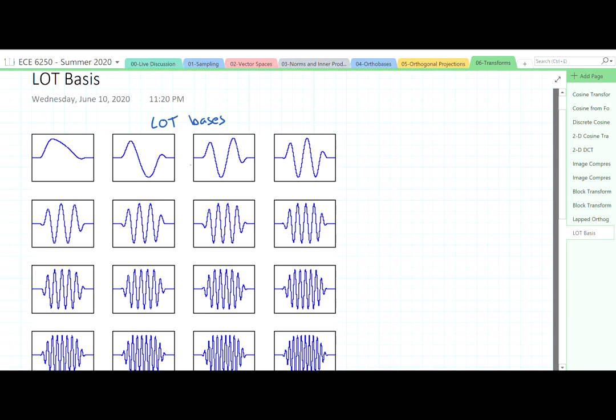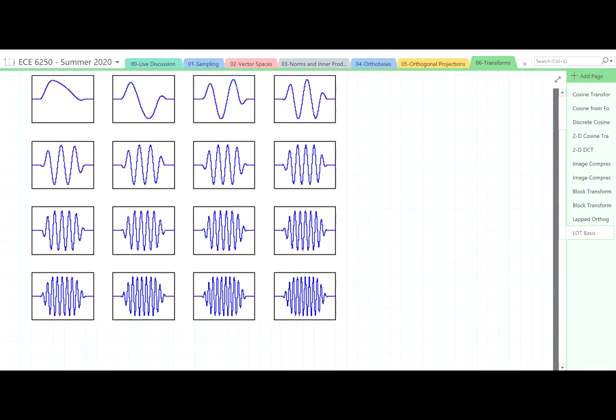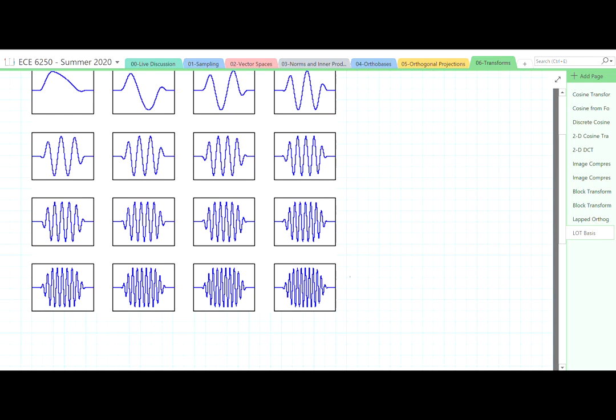The first ones have a little bit of a strange shape, but it really becomes clear as you get to the higher frequency ones. You have a pretty high frequency, but it tapers down to 0 at the edges. So this is the basis for the LOT transform.